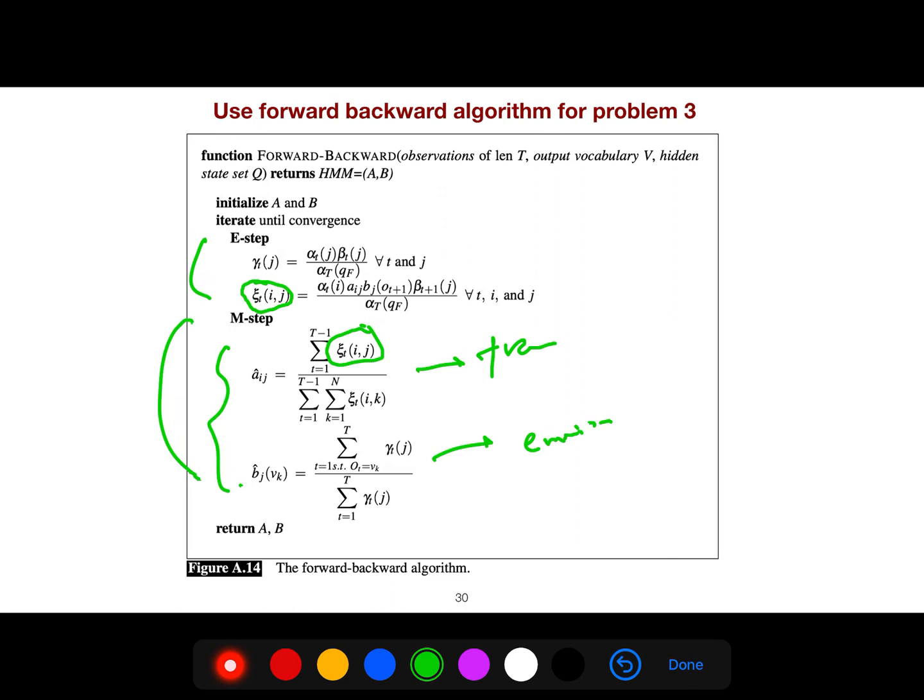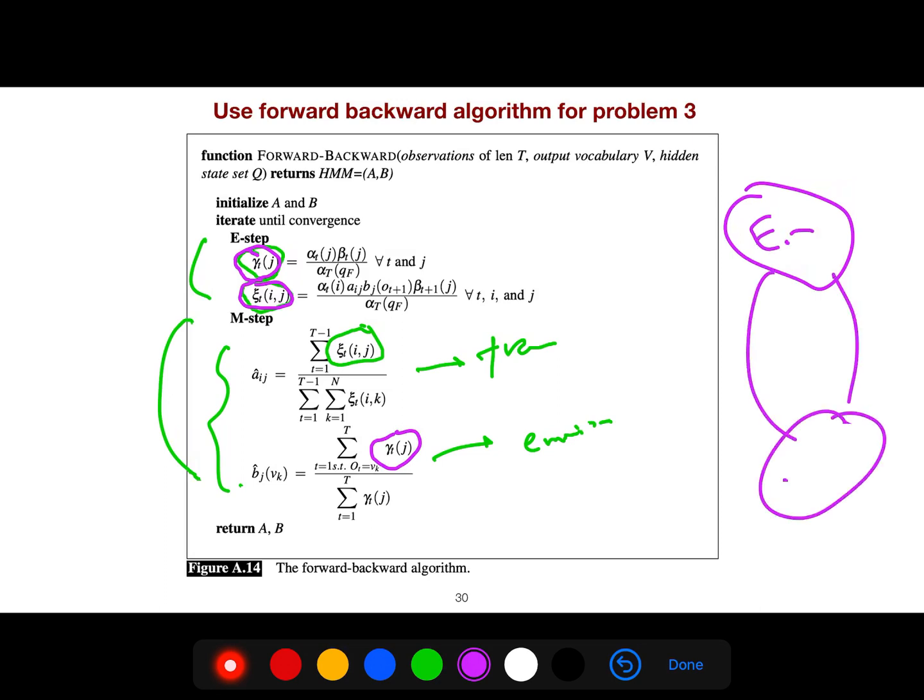But here it is very simple. You calculate gamma t, so those variables that we've just defined. So we just defined two variables. And based on them, you calculate your transition and emission probabilities. And you iterate until convergence. You go from the expectation step to the maximization step, and each time you get closer to convergence.